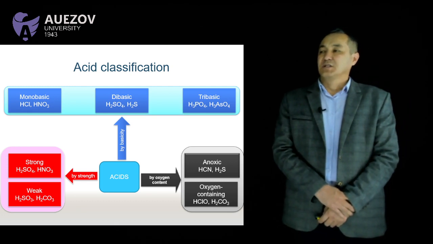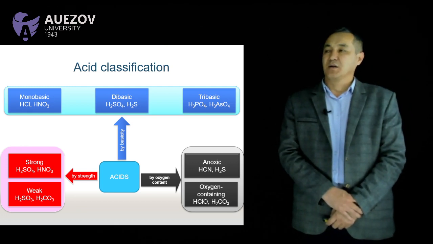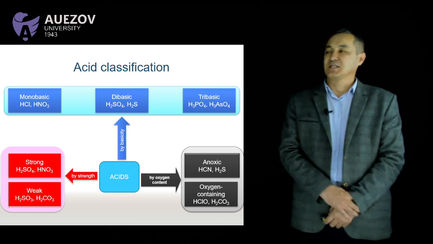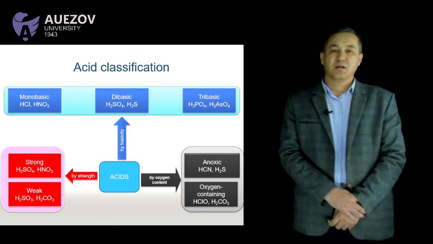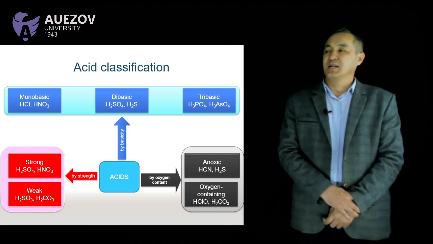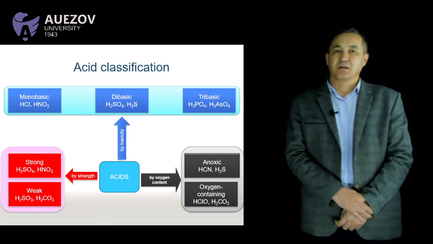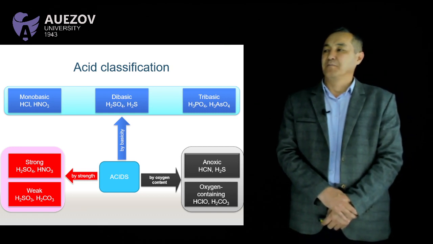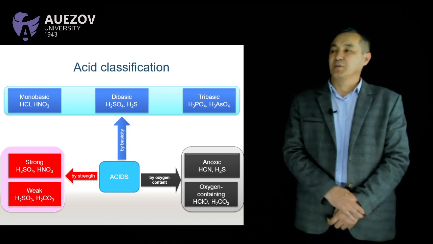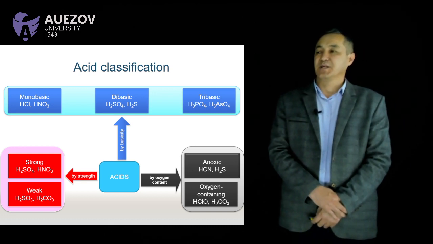The third type of chemical compounds are acids. Acid classification. We can classify acids by their basicity, for example, monobasic, dibasic, tribasic.